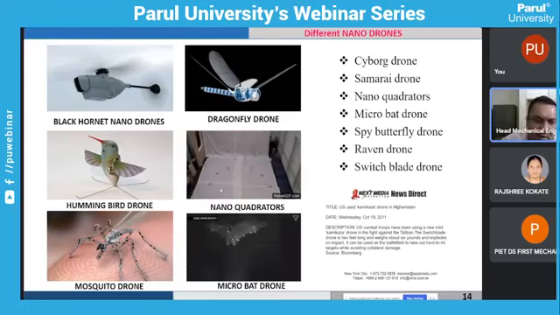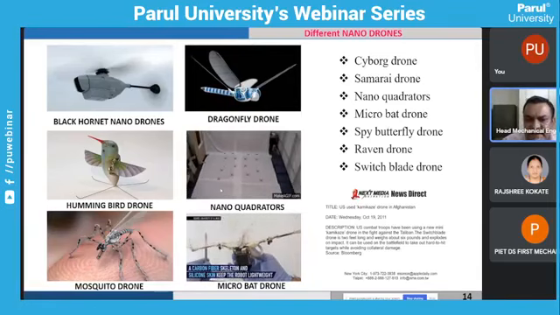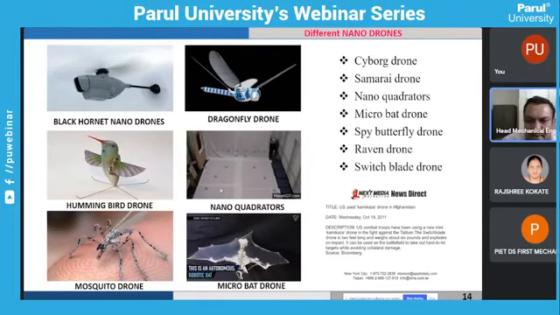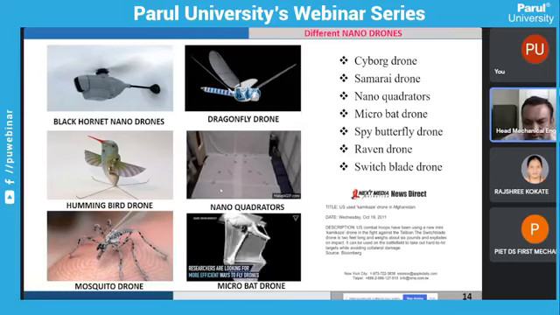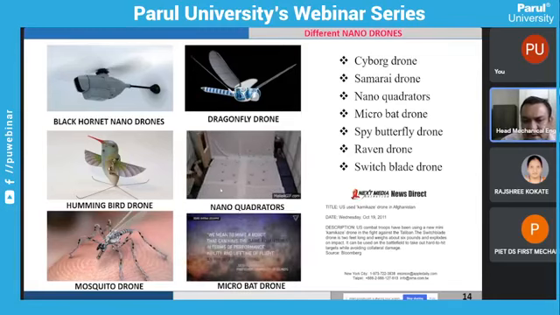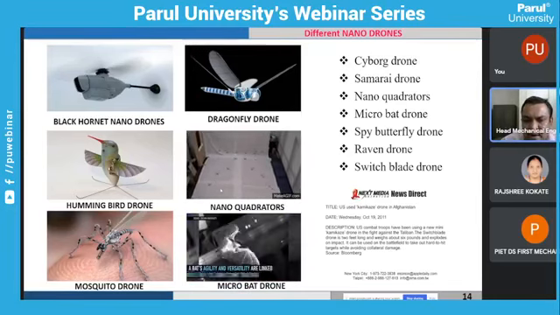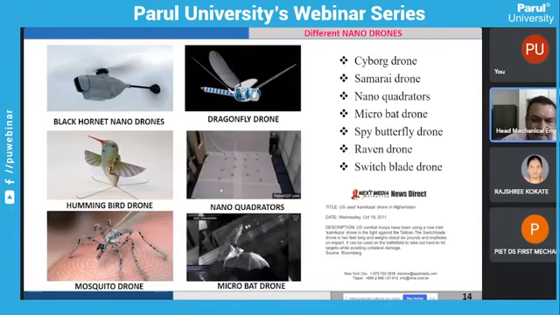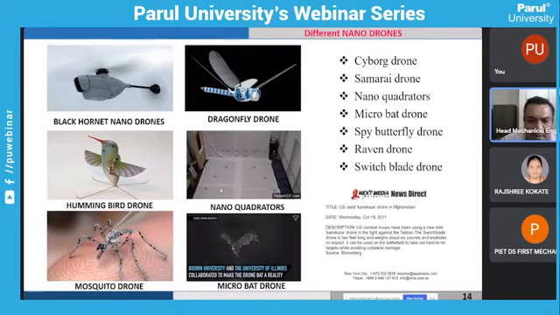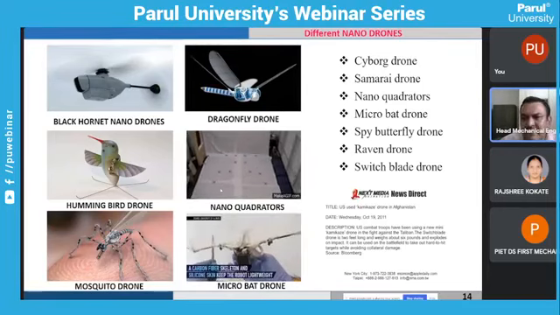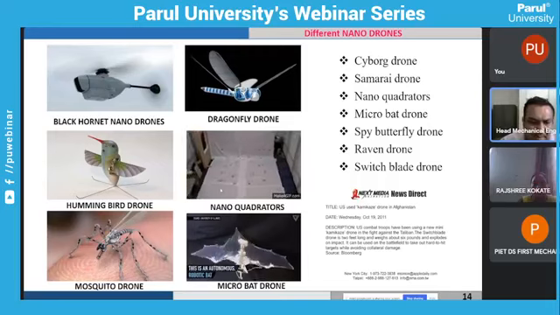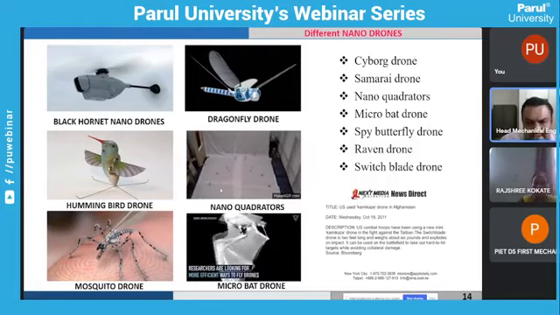In that way you need not work with missiles or anything else. It is like sprinkling pesticides over a forest fire. Similarly, you just drop nano quadrotors in enemy territories, and they blast whenever they hit a particular target. Moreover, there are many other kinds of nano drones developed by different universities as well as research centers.